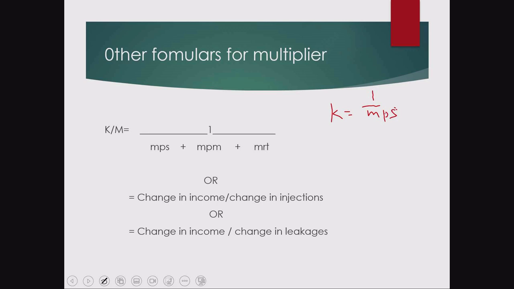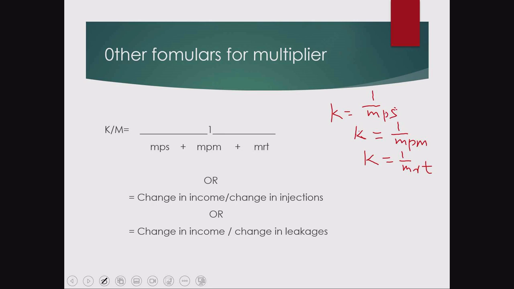But if you are given the marginal propensity to import, you just say your multiplier is equal to 1 over marginal propensity to import. If you are given your marginal rate of taxation, you just say your multiplier is equal to 1 over marginal rate of taxation.